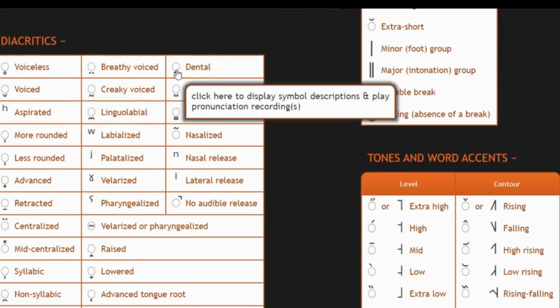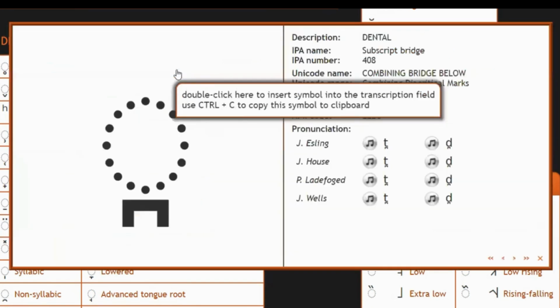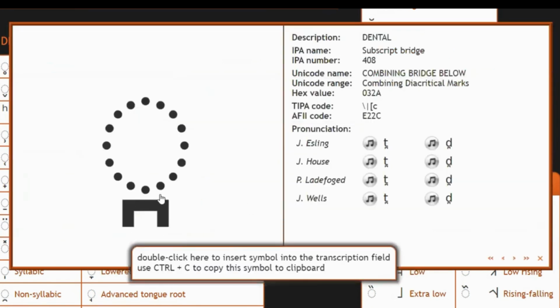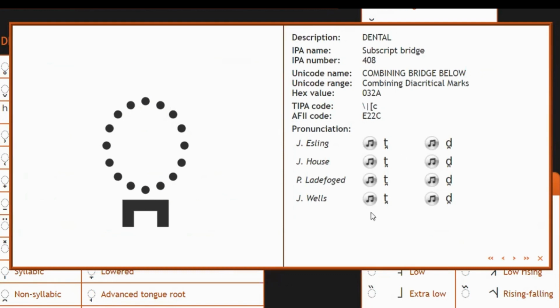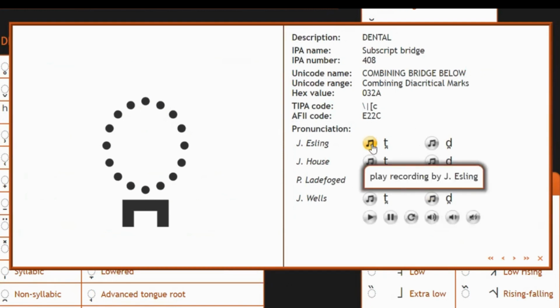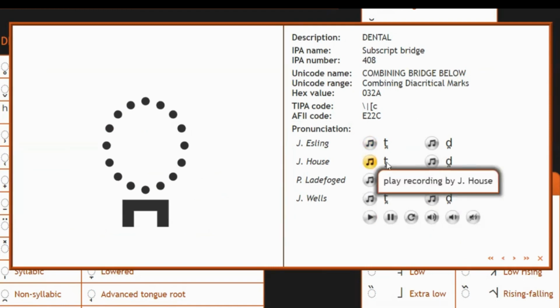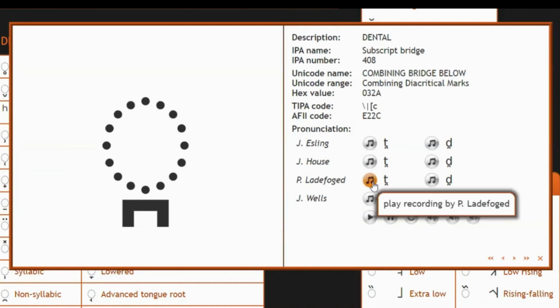Then we have learned about dental sounds. So this is like a sideways bracket that you put under the symbol, like these. So this is the dental stop. Ta. Again, that one's aspirated.